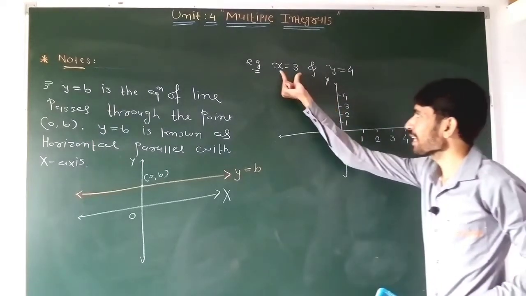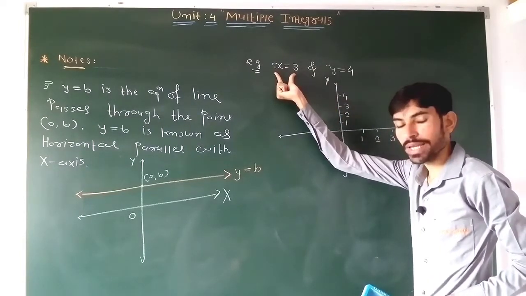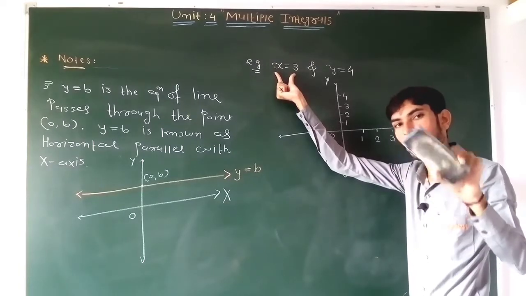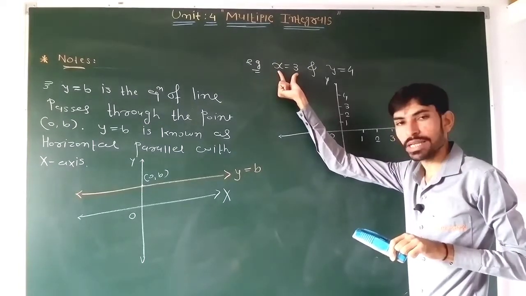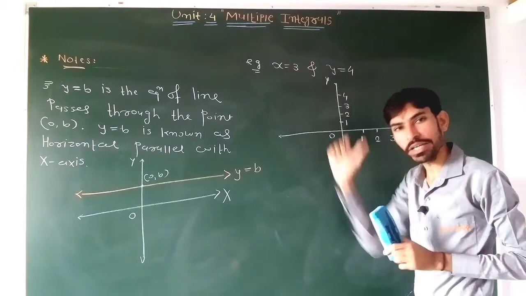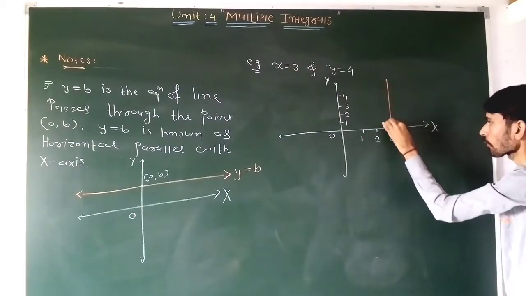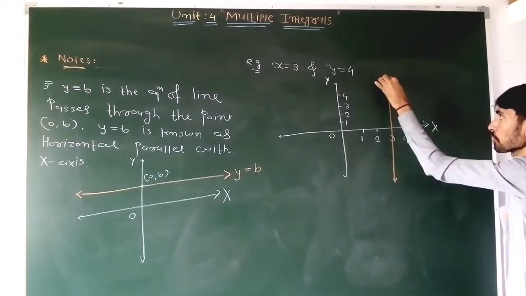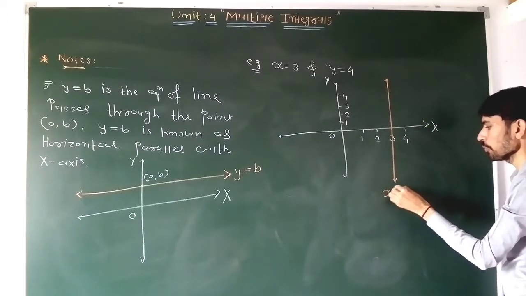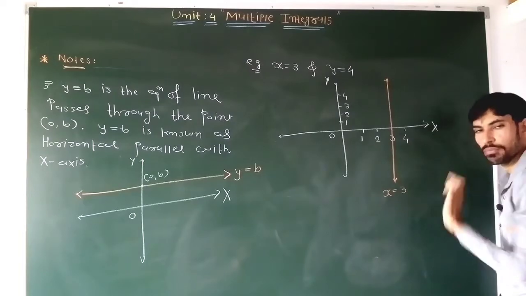Now to draw the line x is equal to 3, as we know, x is equal to a is the equation of a line that passes through the point (a, 0). So x is equal to 3 passes through the point (3, 0). Here we draw the line. This is the line x is equal to 3, parallel with the y-axis.